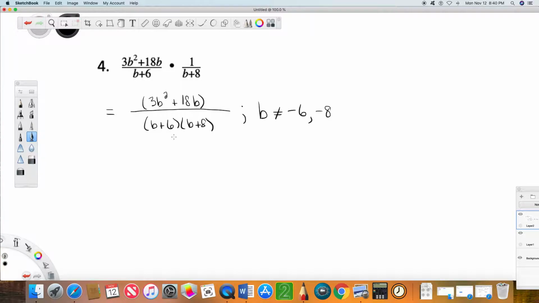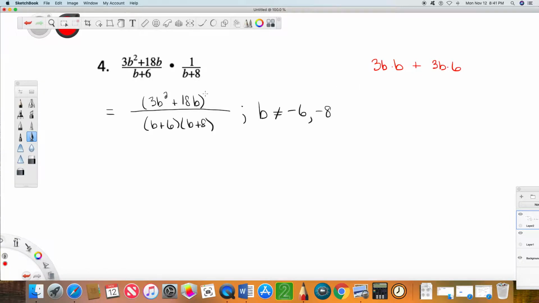All right, let's take a look at this numerator and go off to the side and think about it. 3 times b squared. 3b times b. All I did instead of writing b squared is write b times b. In this next term, what if I write this as 3b times 6?